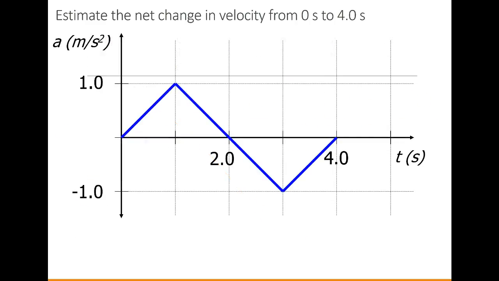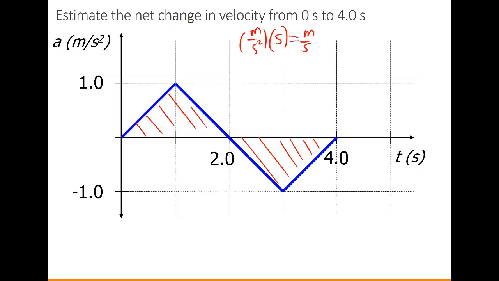First, we want to estimate the net change in velocity from 0 to 4 seconds. And I'm going through all of this fairly quickly because I would assume that you've seen some of this before, either in a prior physics course or by taking a look at the textbook. So the net change in velocity, notice that if we take the area of this graph, we are going to get the correct units for velocity, so meters per second squared times seconds, which is meters per second. So in other words, delta v is equal to a delta t.